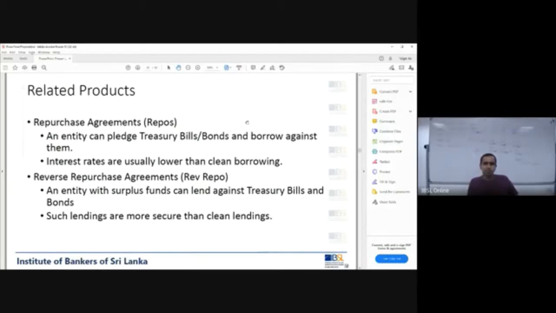If you want to lend against a security, not clean lending, but lending against a security, it is called reverse repurchase agreements. An entity with surplus funds can lend against treasury bills and bonds. Such lendings are more secure than clean lending.